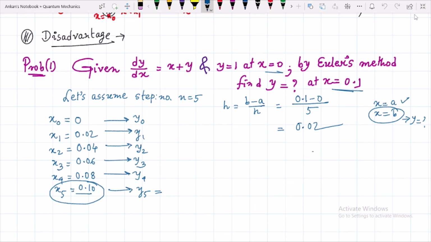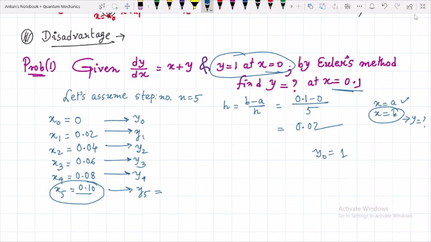Okay, so what is the value of y0? y0 is given by the initial condition, 1.